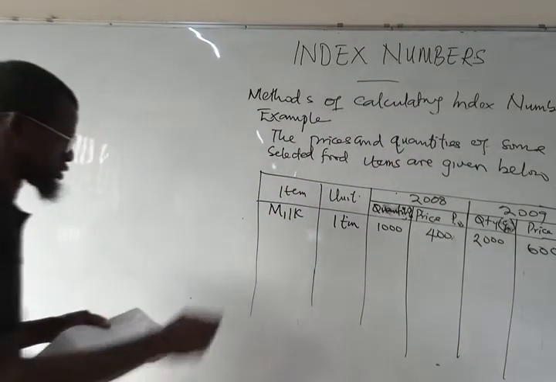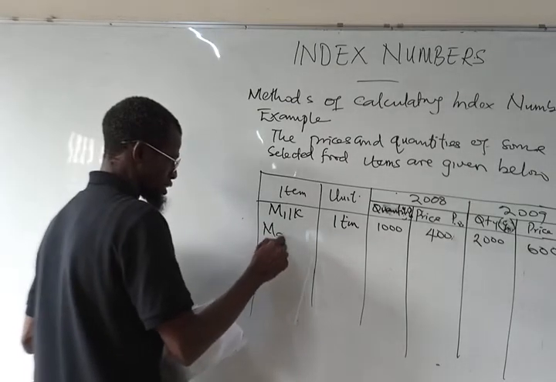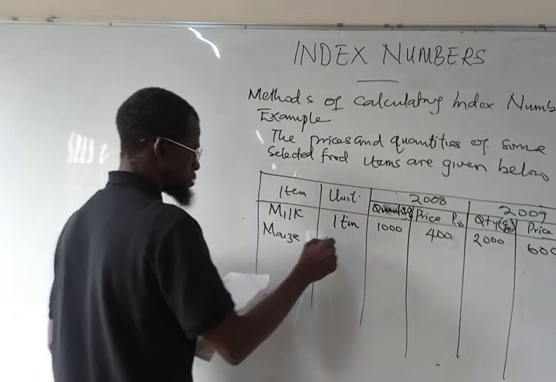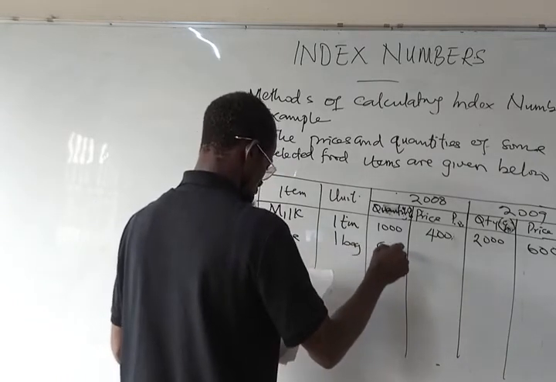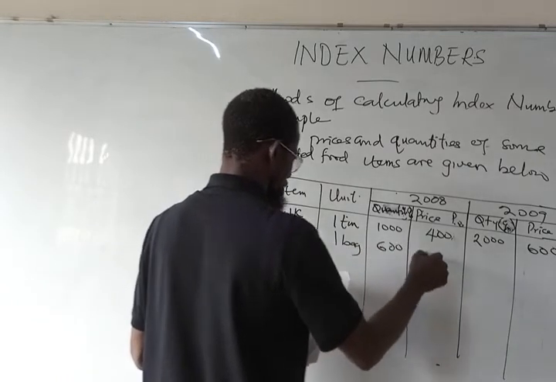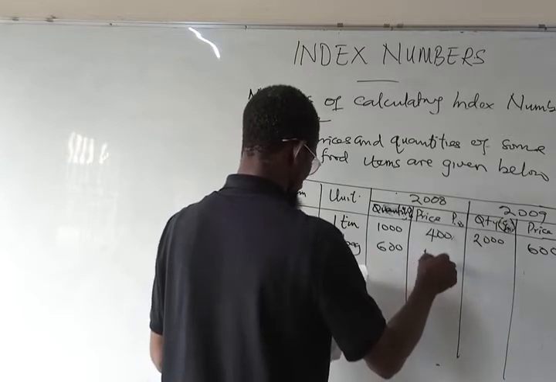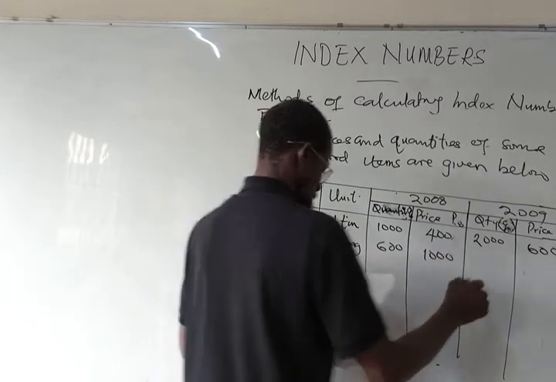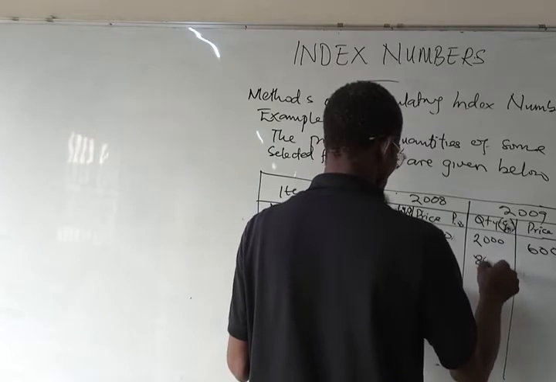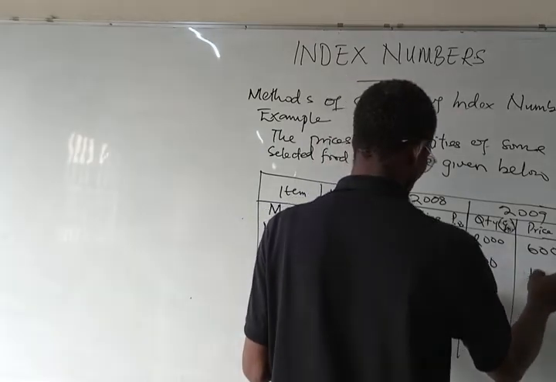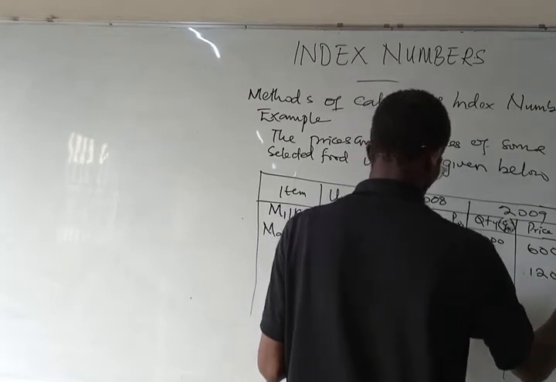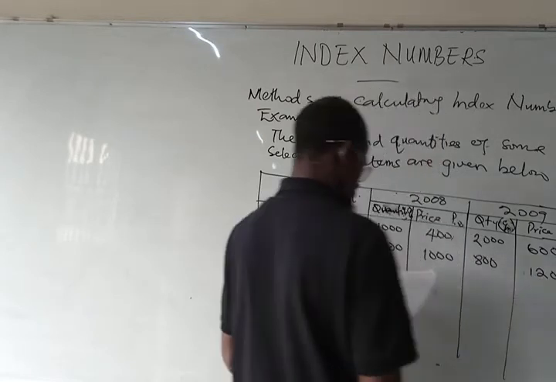Then we have our maize. One bag of maize costs 600, and the quantity is 600, sold at the rate of 1,000, and 800 sold at the rate of 1,200.